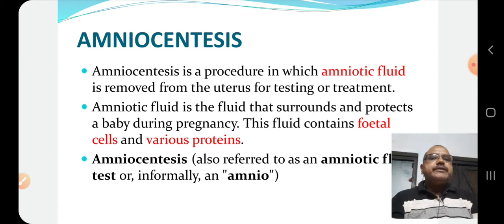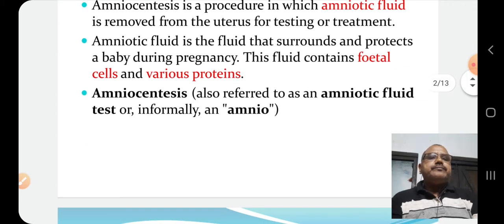This fluid contains fetal cells and various proteins. These cells and proteins are used to test for genetic abnormalities or infectious diseases present in the fetus. Amniocentesis is also known as the amniotic fluid test or amnio.